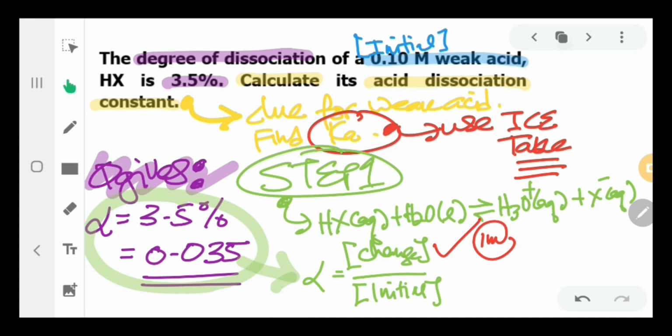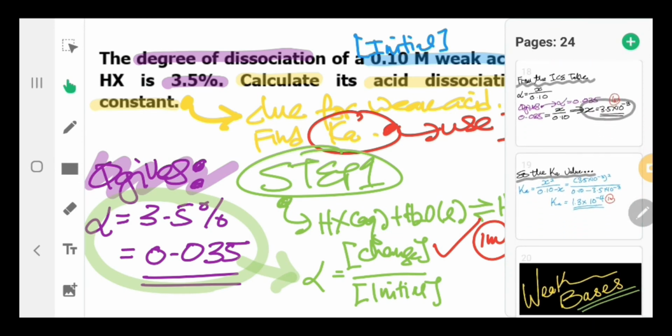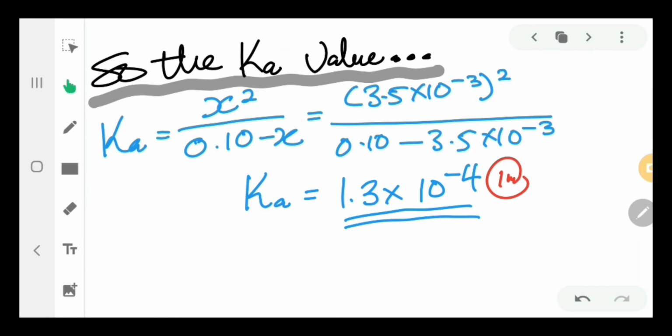That is why, in your work here, we do not have the assumptions. Why? Because we need to find Ka. And as you can see, the value of Ka is to the power of -4, so you cannot do any assumptions for this kind of Ka. So the tip that I can give you is, if the question wants you to find Ka, do not assume.